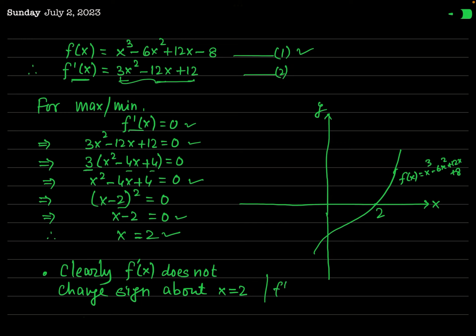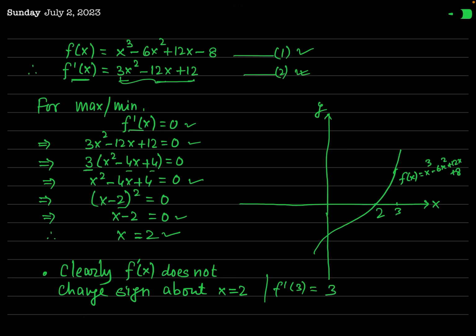So for example, let us find f dash of 3. It means we are taking the value of the function f dash of x when x is greater than 2. For example, in this figure, let us say here there is a point x equal to 3. And as you can see here in this equation 2, f dash of x is equal to this much. So what will be this f dash of 3?